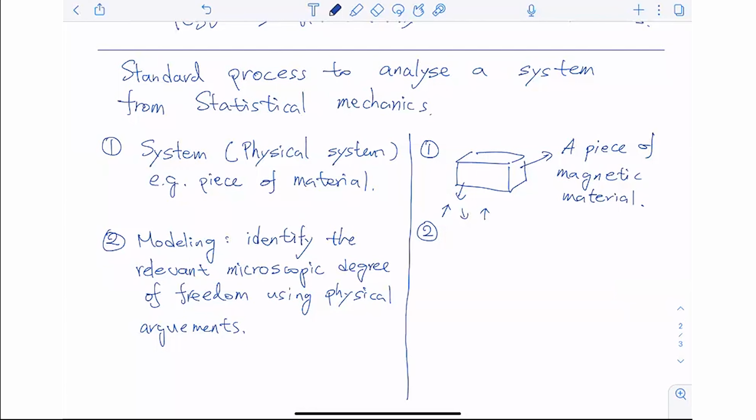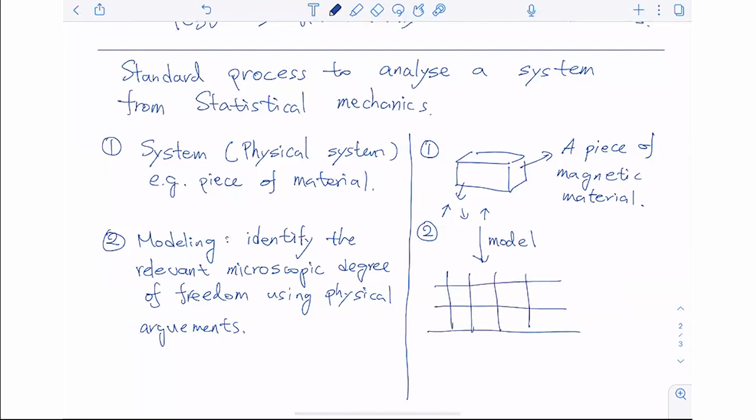So we model our system, and here is the grid, the array of these atoms, and at the crossing points of the array, we will have magnetic moments that can point either upwards or downwards.